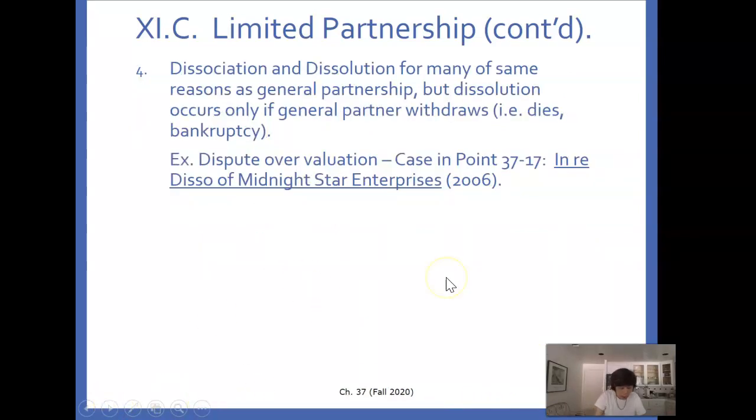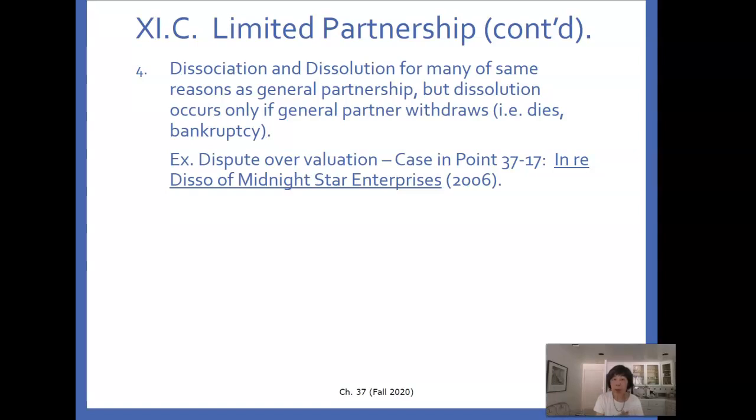All right, and then the last thing we'll talk about is dissociation and dissolution. Many of the same reasons we've already covered with a general partnership apply here. Dissolution may not occur, though, if it's only a limited partner who files for bankruptcy or who withdraws from the partnership. So you have to look at which partner it is who is leaving.